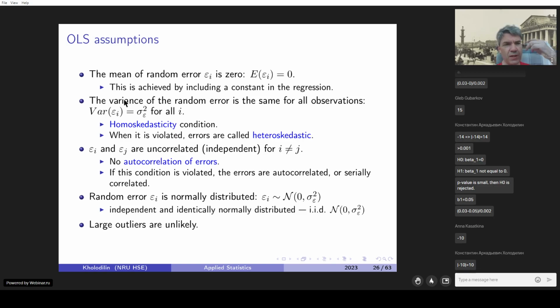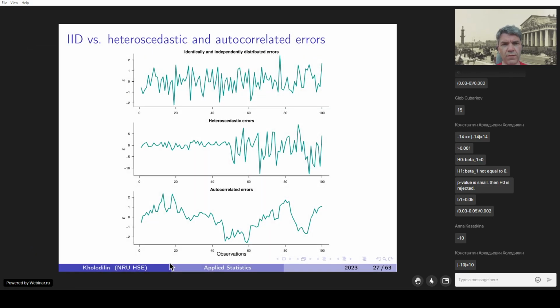Now the second assumption is more complicated because it requires that the variance of the random error is the same for all observations. It's known as homoscedasticity, and the opposite of it is heteroscedasticity. So here, for example, we have the so-called identically and independently distributed errors, the errors that satisfy the assumptions of OLS, and these are homoscedastic errors. Here you see that the mean is equal to 0, and the variance is constant.